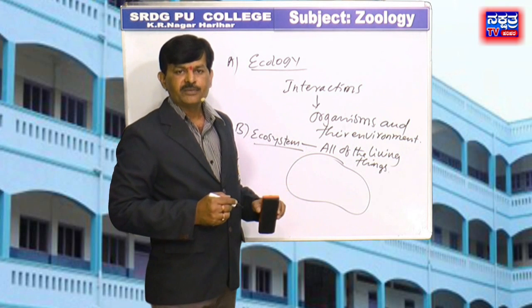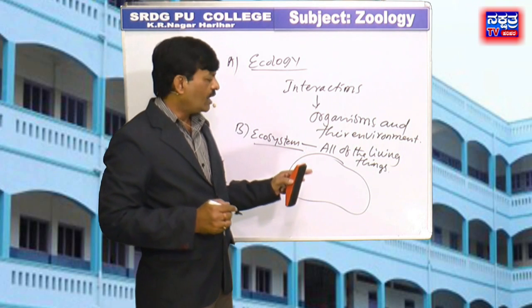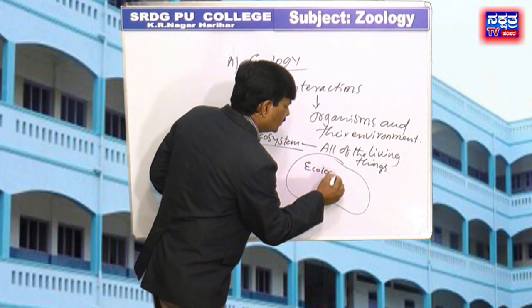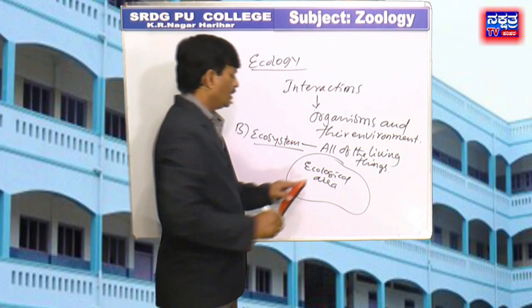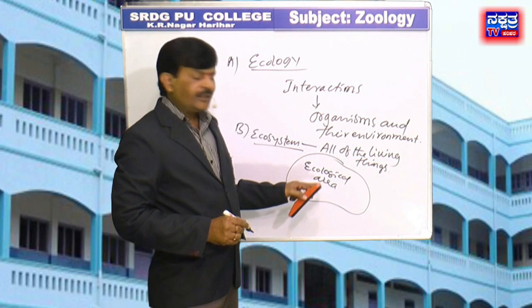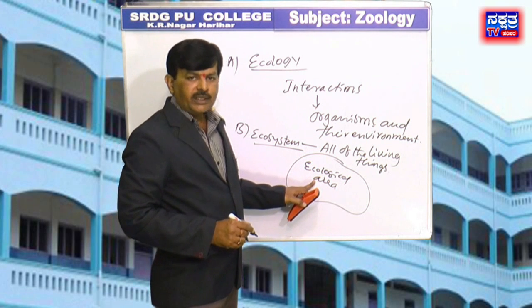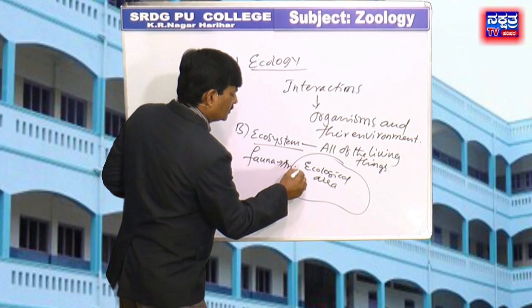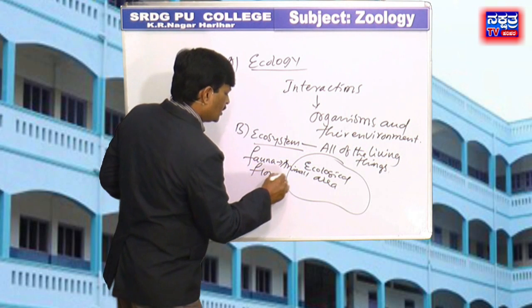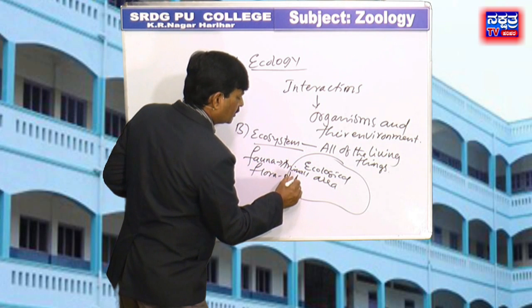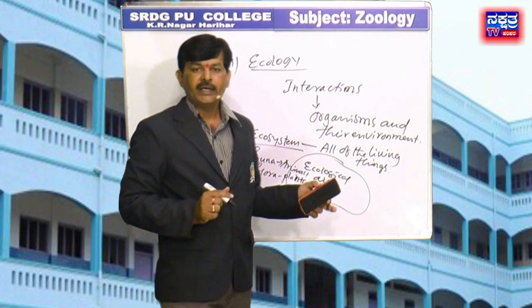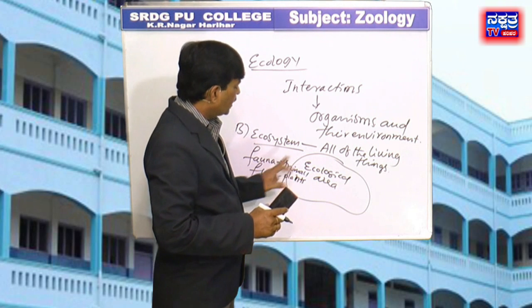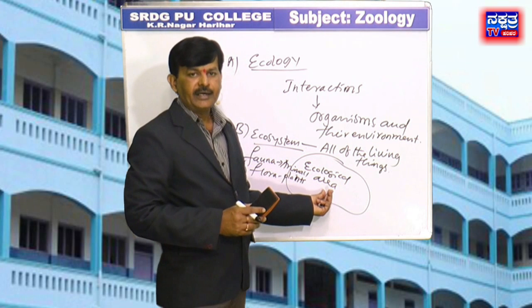But biomes are very large ecological areas on the earth surface with fauna, fauna means animals, and flora, plants, adapting to their environment, meaning adapting to the particular ecological area.